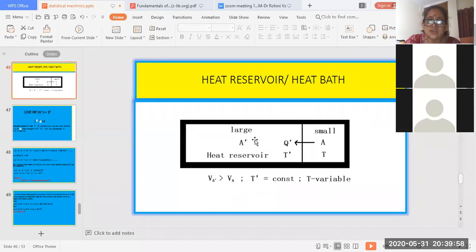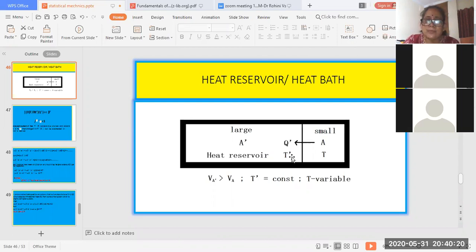Why is it called a supplier? Because the heat content of A dash is so large that whatever amount of heat energy it loses or gains, it makes no difference to it. That is why we say that the temperature of a heat reservoir is constant. That is the characteristic of a heat reservoir.